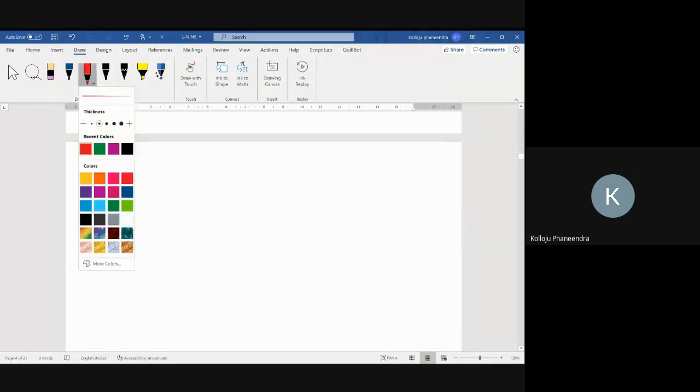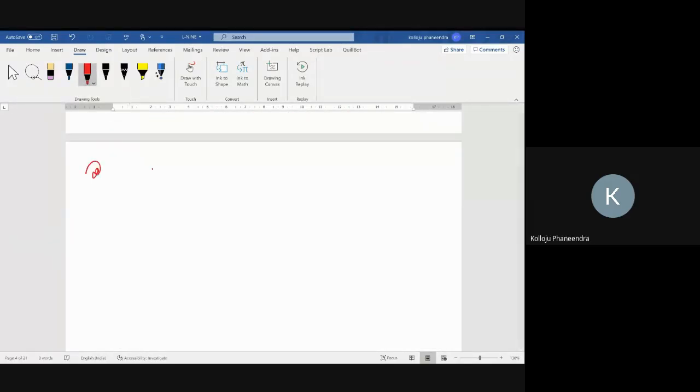I will write here. Examine the convergence of the series, or discuss, both are the same. Examine the convergence of the series: 1 plus 1 by 2 square, plus 1 by 2 square minus 1 by 3 square.